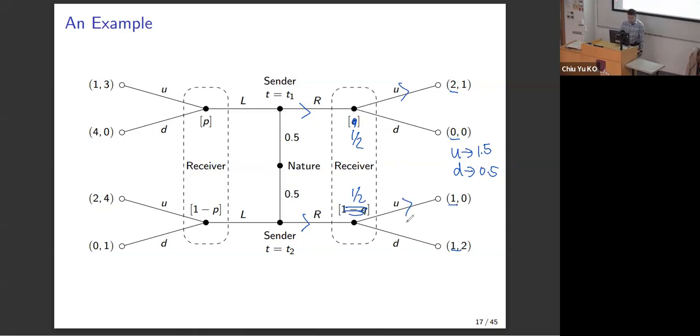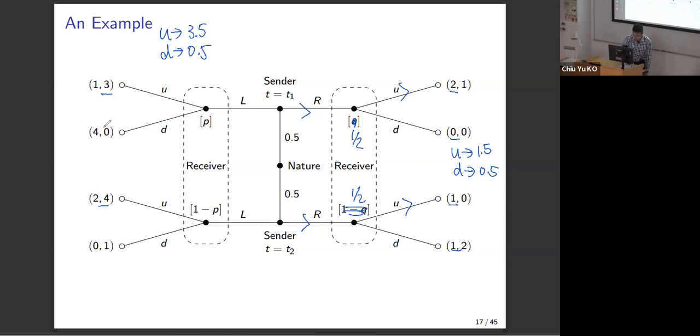Same idea: we look at the payoff here. If you choose up, it will be P times 2 plus 1 minus P, which is 2 minus P. No, sorry, my mistake, because for the sender I did 2, so it's 3.5. If you choose this, it is 0.5, so up will be chosen.